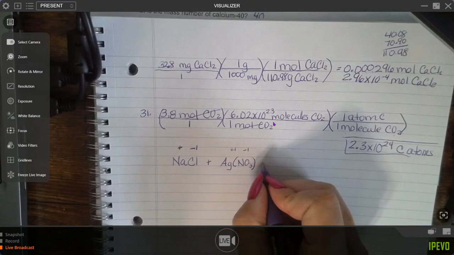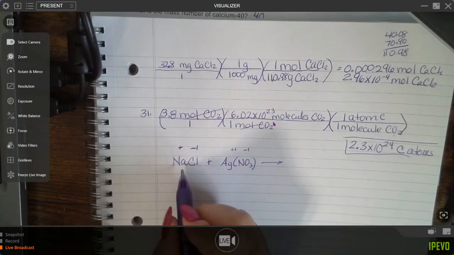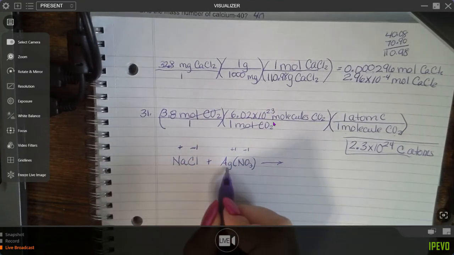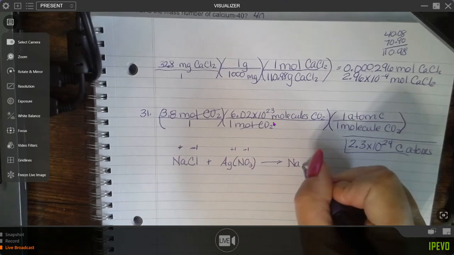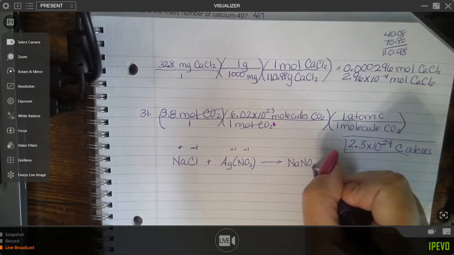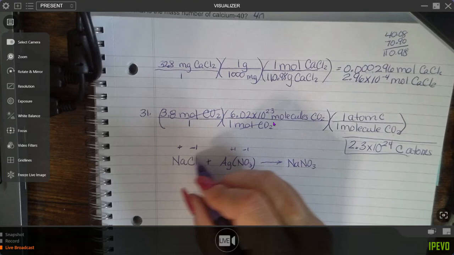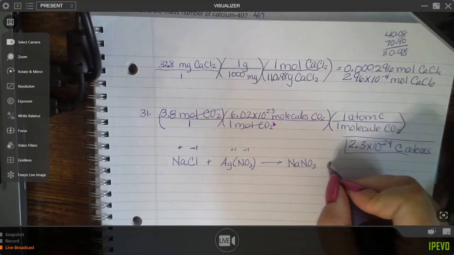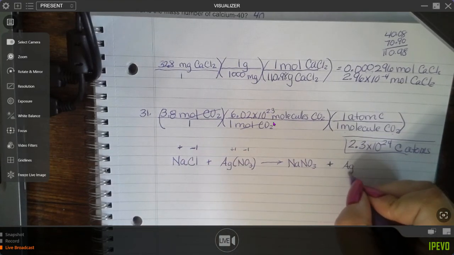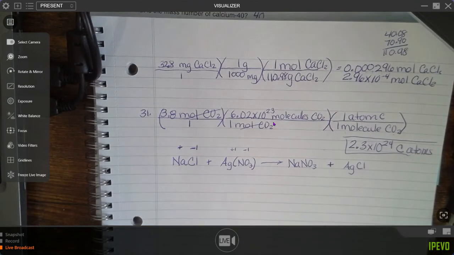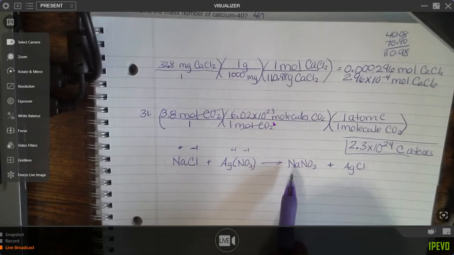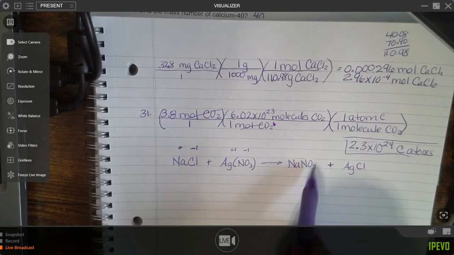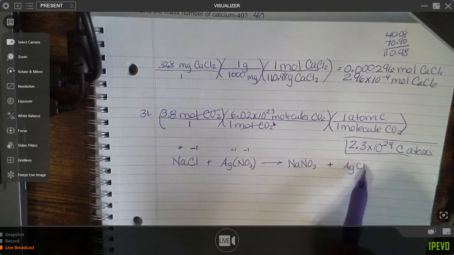Now, in a double replacement reaction, the sodium and the silver are going to switch places. So we're going to end up with NaNO3, because we know the charges, and then AgCl, silver chloride. Now we have to check our solubility rules for nitrates, for silver, for chlorine.